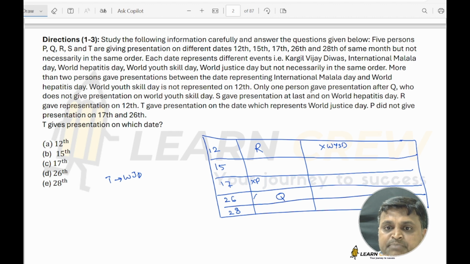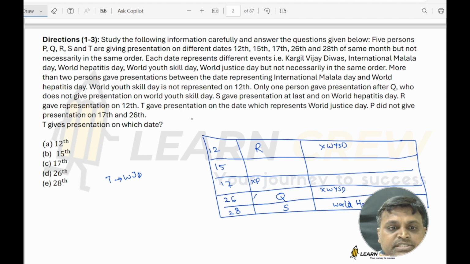And only 1 person gave presentation after Q, so Q is also not World Youth Skill Day. Next, S gave presentation at last, and on World Hepatitis Day.